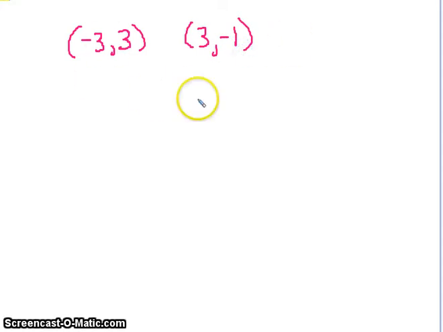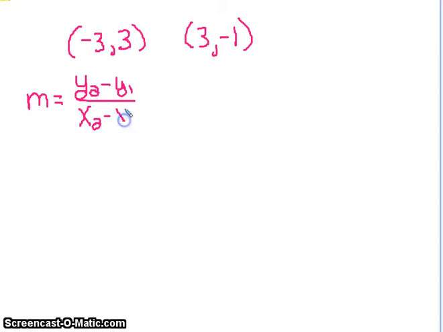So, if I give you -3, 3, and then 3, -1, how can we write the equation of this particular line? Well, this time we don't have the slope or the y-intercept. So we go to our slope formula. That slope is equal to y2 minus y1 over x2 minus x1.